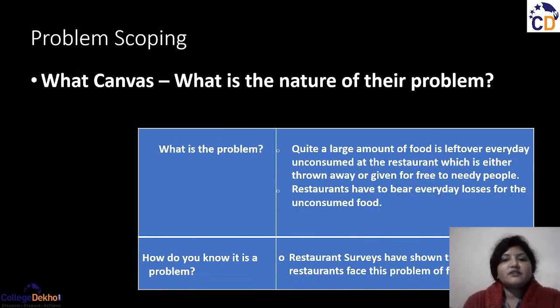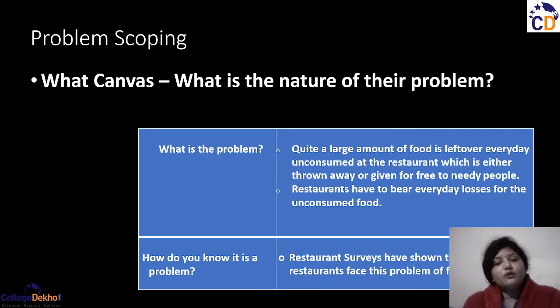So what does the canvas tell you about what the problem is? Quite a large amount of food is left over every day unconsumed at the restaurant, which is either thrown away or given for free to needy people. The most important point is that the restaurant owner has to bear the losses every day for the unconsumed food, right?